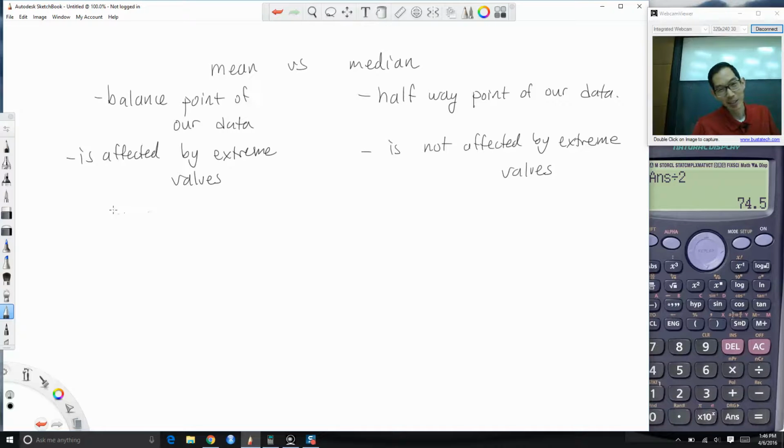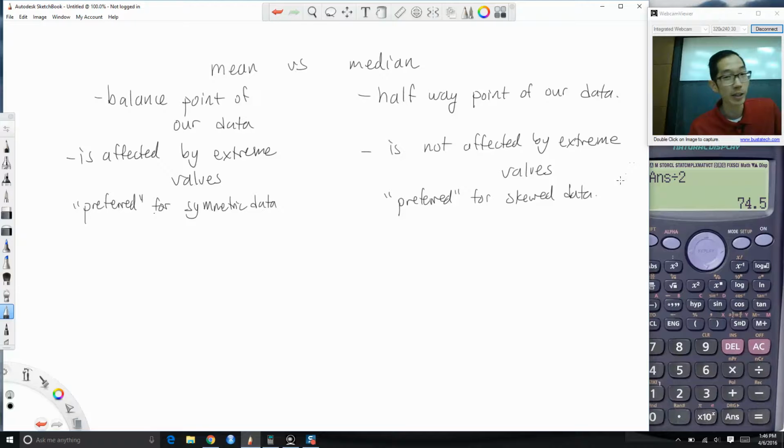So, you know, this might be quote unquote preferred for symmetric data. Oh, I know what I want to say. And then this quote unquote might be preferred for skewed data. But again, these can be calculated for any set of data that we have.